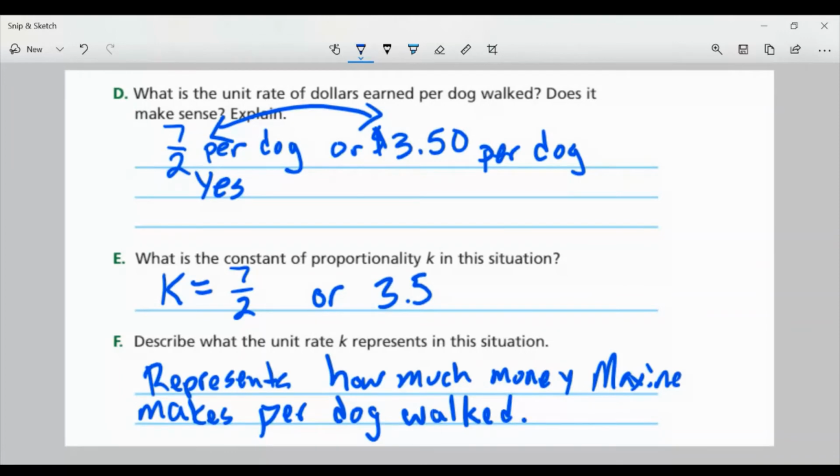So that's what your constant of proportionality, or K, represents. It's the unit rate. So what is she getting? And in this case, we're looking at dollars per dog walked. So K, 7/2 or 3.5, represents how much she makes per each dog that she walks.